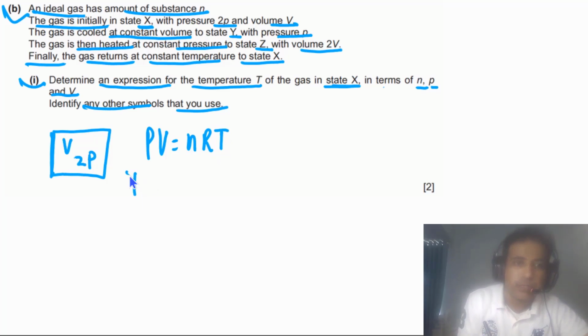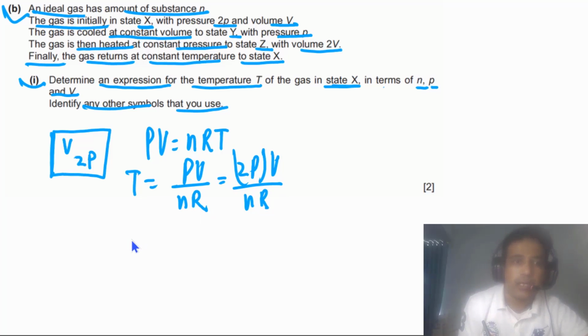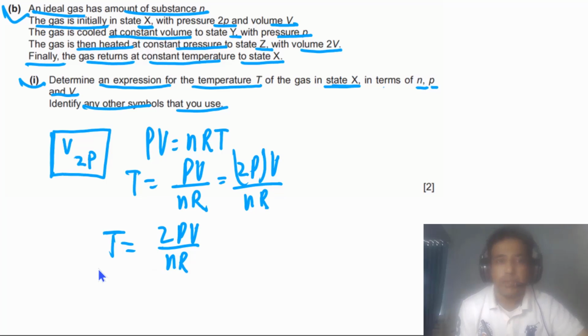So from here we can say temperature T equals pV divided by nR. P in this case is 2p, so this is 2p times V, divided by nR. Simply we can say this is 2pV divided by nR. So this is the expression for temperature.